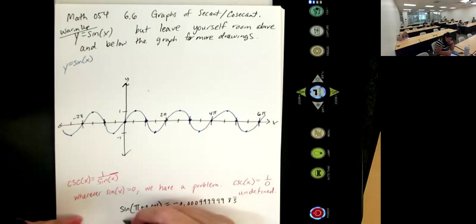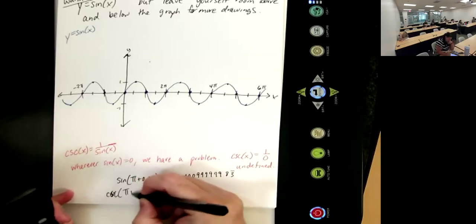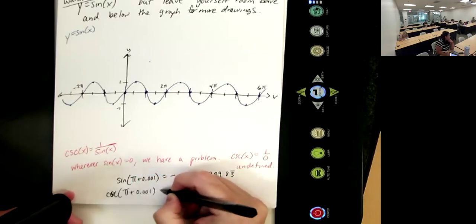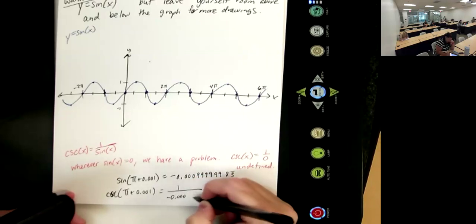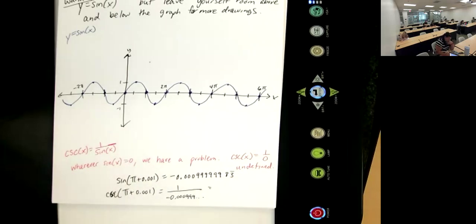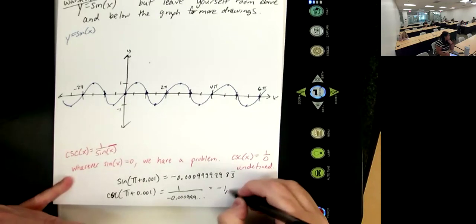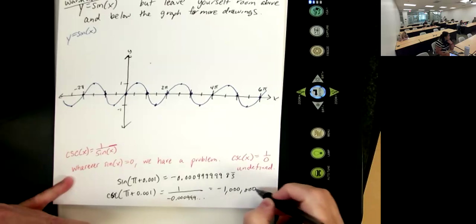So cosecant of this would equal 1 over that. And if I do 1 divided by answer, I've got negative 1,000. Negative 1,000.167.